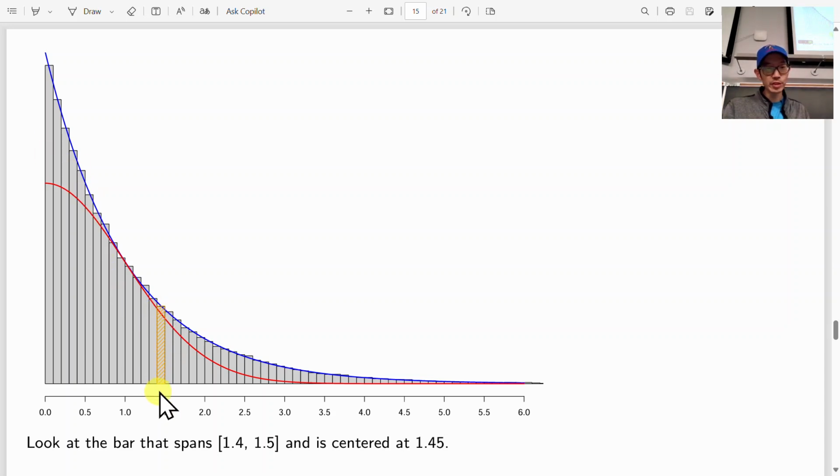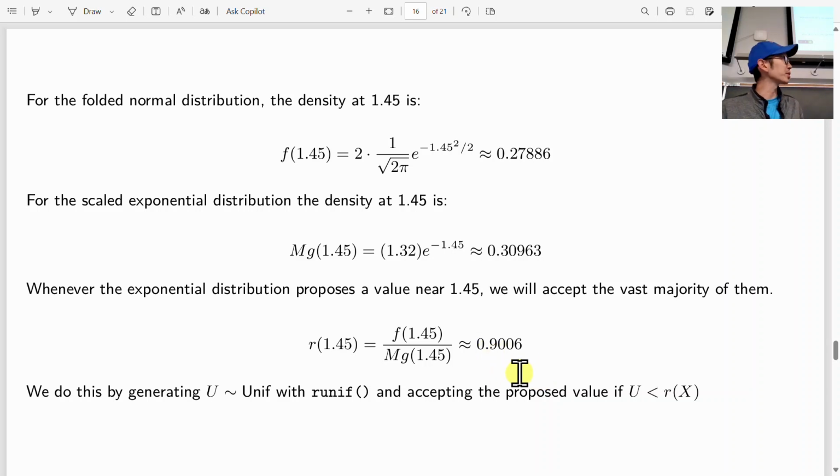Okay, over here, if you just look at this bar between 1.4 and 1.5, the acceptance ratio here is going to be a lot higher, around 90%. We're going to accept around 90% of the values. If you do a calculation of f at say 1.45 divided by m times g at 1.45, the f is around 0.279.